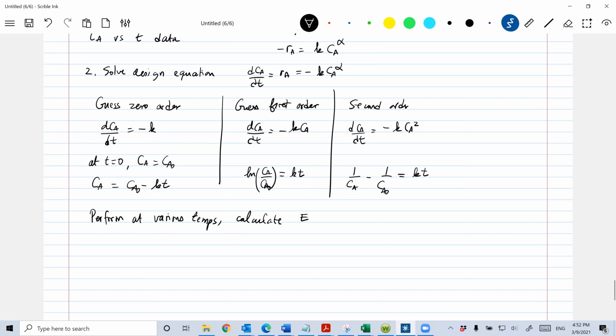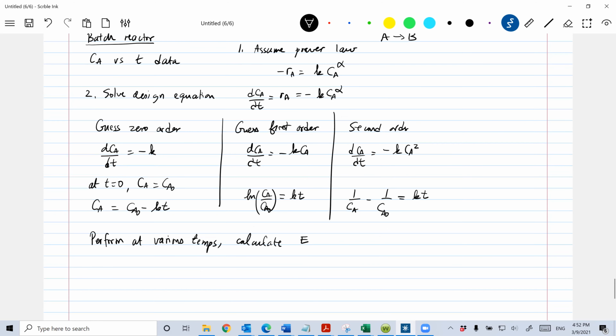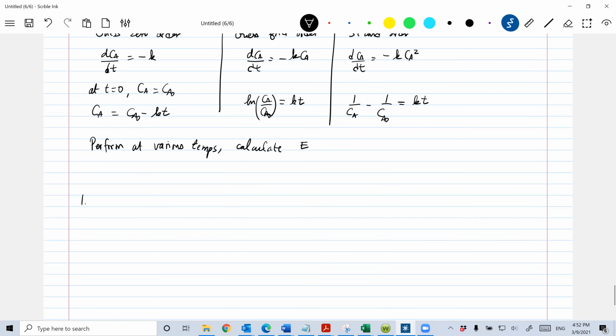So this is linearizing a power law. Now let's say you assume a Langmuir-Hinshelwood form. This one is more difficult, but let's look at a simple one where you have minus r_A equals this.